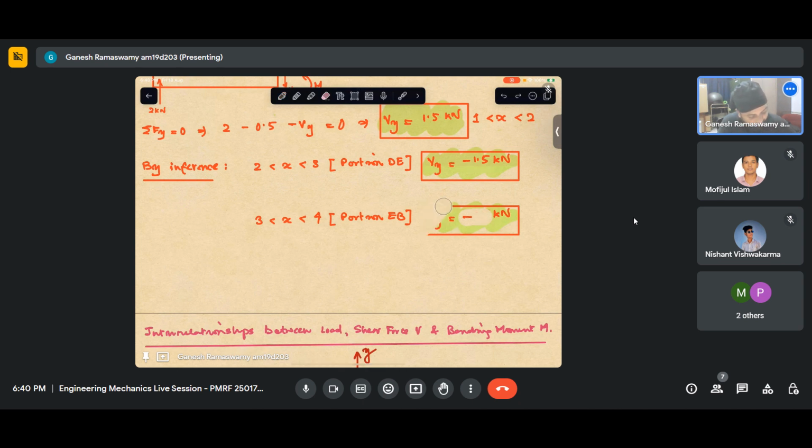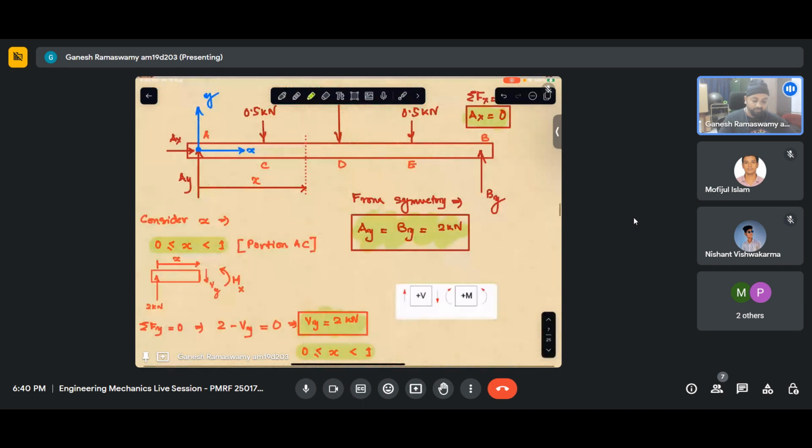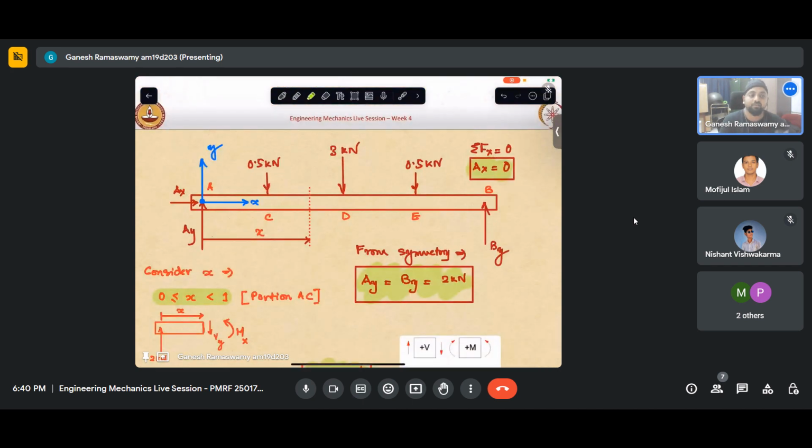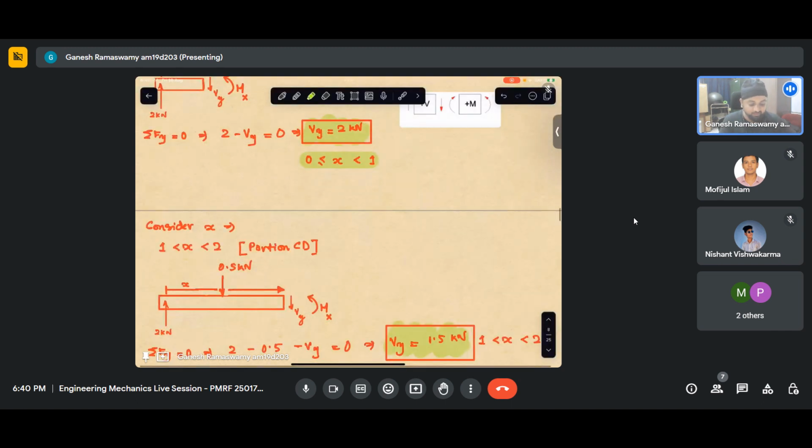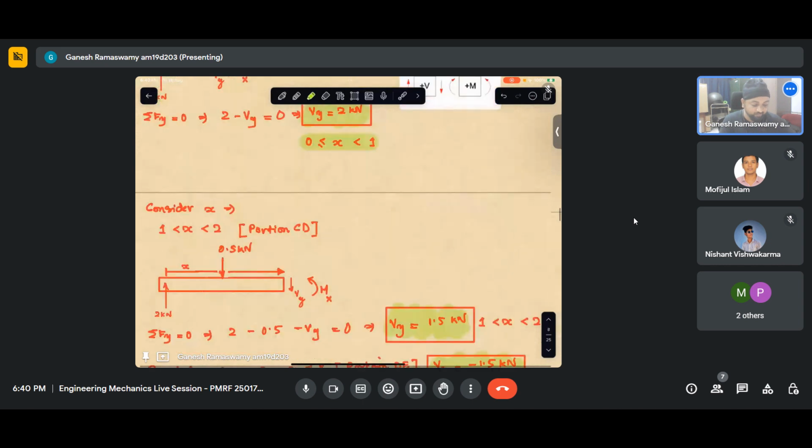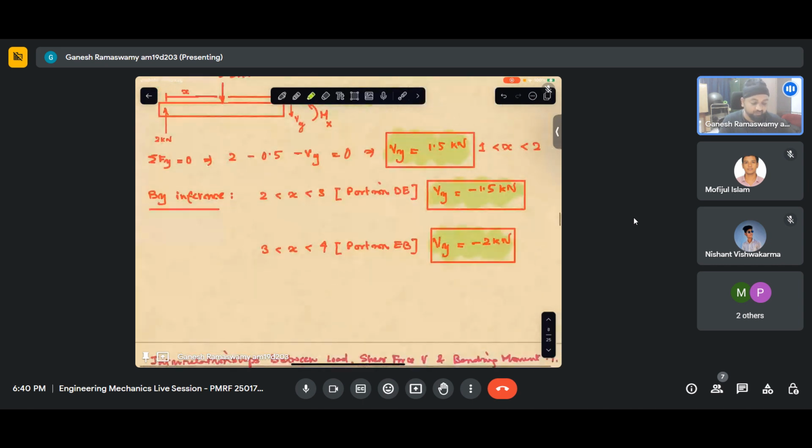Let me write it again. So for my beam, at each and every section that is divided by the load, namely AC, CD, DE, EB, I have the shear force variation now. Essentially, it is constant in those sections. In the initial section, it is 2, then it comes to 1.5, then it goes to minus 1.5, goes to minus 2.